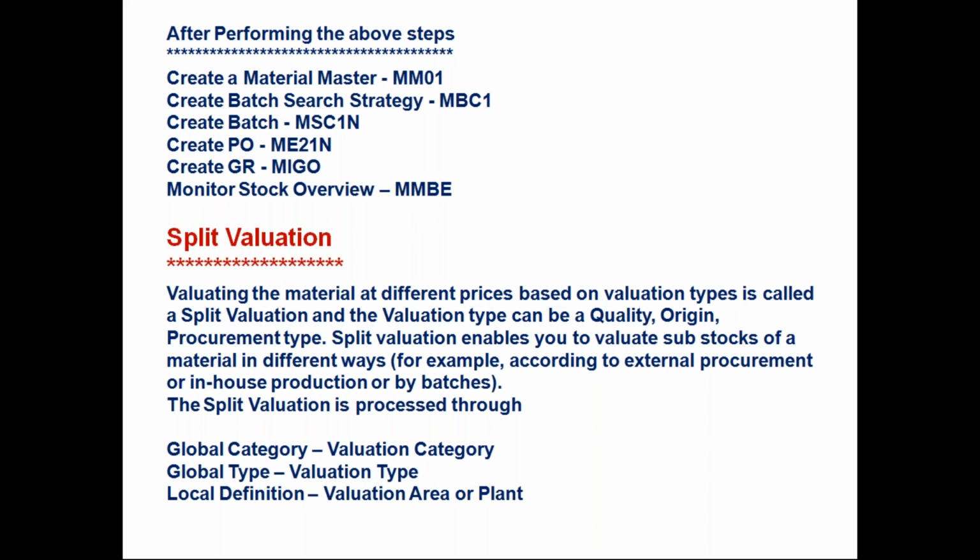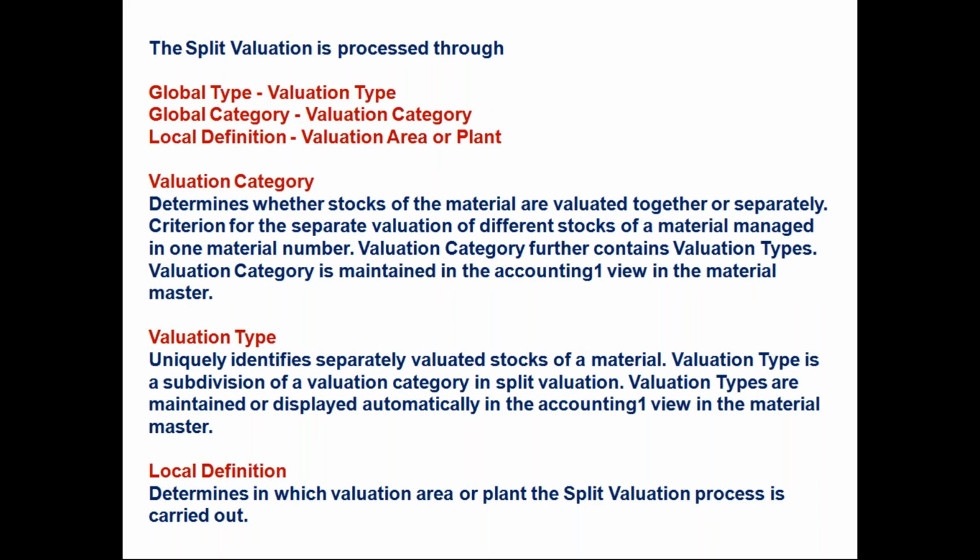So if you want to evaluate the material at multiple prices, you are going to implement the split valuation process, where this process is carried out through a global type, that is valuation type, a global category, that is valuation category, and a local definition, that is valuation area or plant, where the split valuation process is to be carried out.